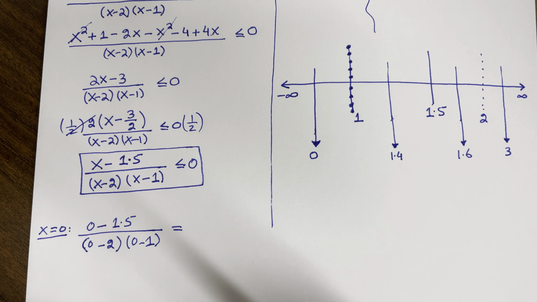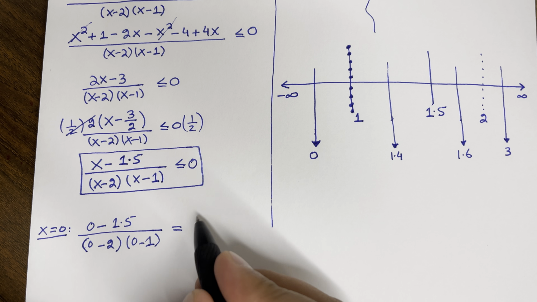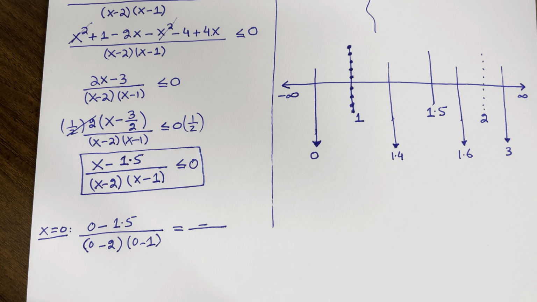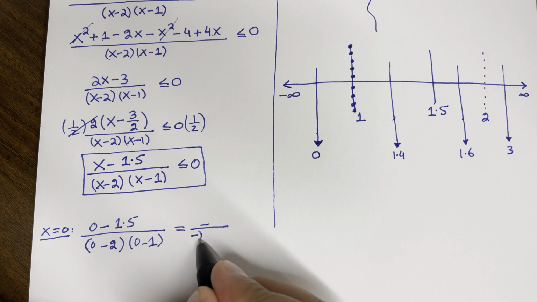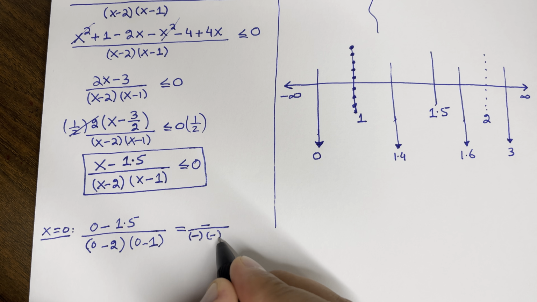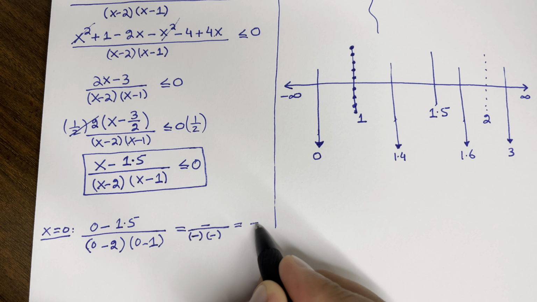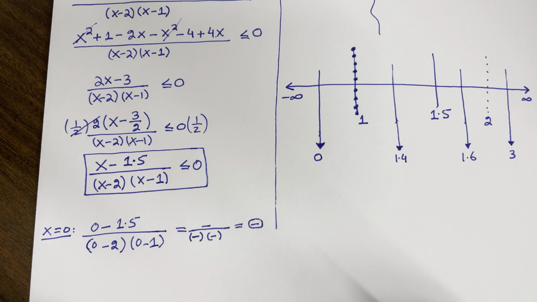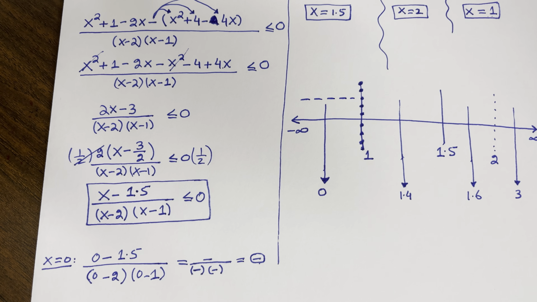The only thing we need are the signs. 0 minus 1.5 is negative 1.5, so the sign on the top is negative. On the bottom, 0 minus 2 is negative 2, so a negative sign here, and 0 minus 1 is negative again, so a negative sign here. The pair will cancel, so this negative cancels with this one, and we have one extra negative, so we have a negative sign here. So just write negative on this region.